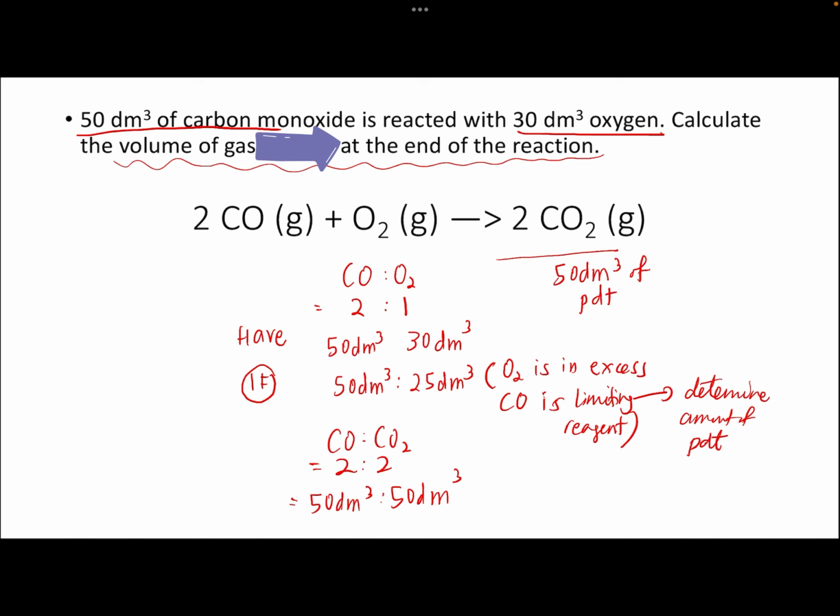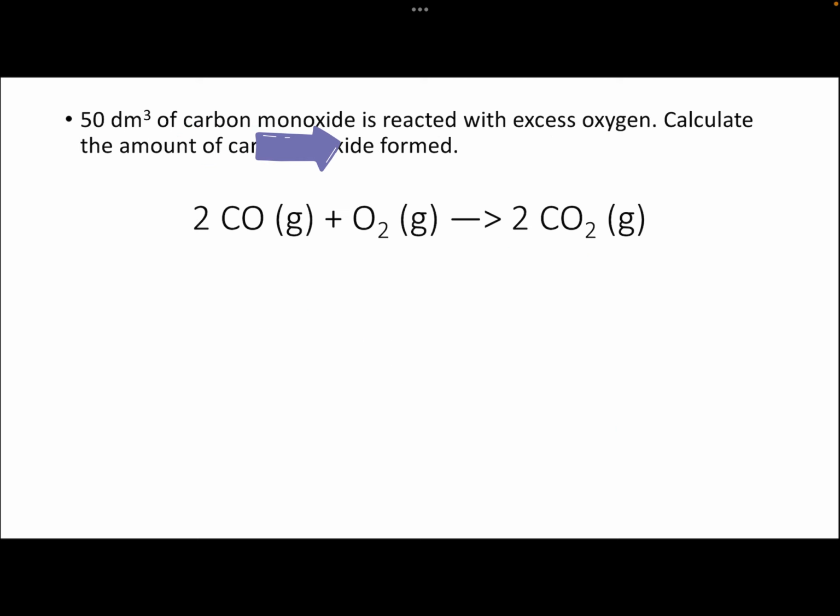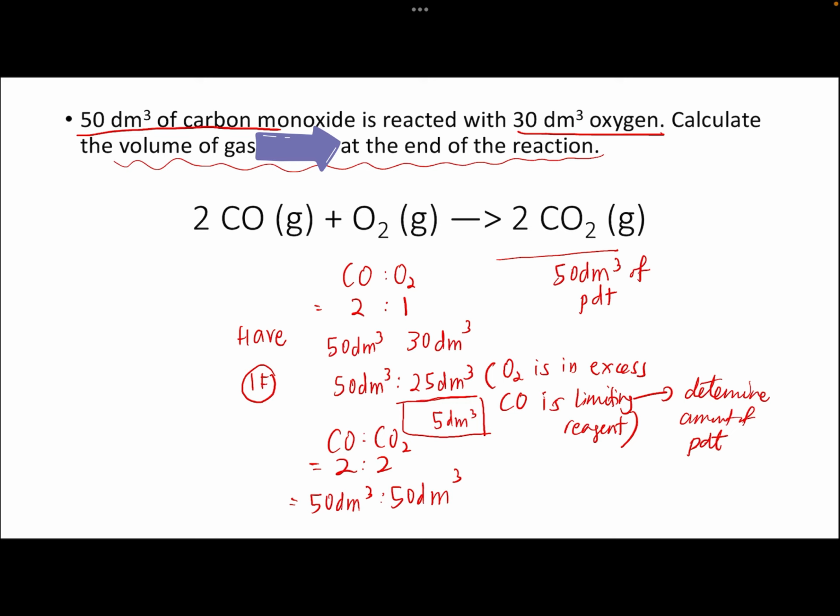Now, if you look back at your working, I have oxygen that is in excess, isn't it? So if I've used 25 dm³ of oxygen, what is the remaining volume of oxygen that is left? This is 5 dm³. That is left. And my answer is not 50 dm³ of product, because the volume of gas will be made up of two things: the volume of product, and the volume of remaining reagent that is in excess.